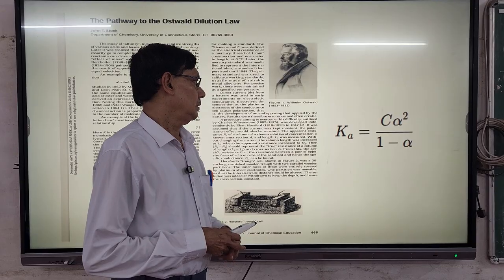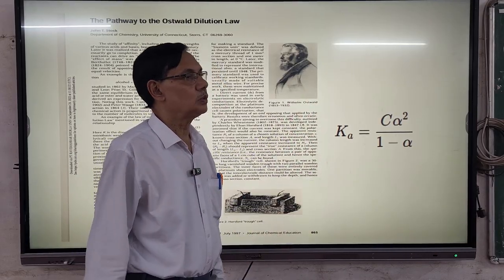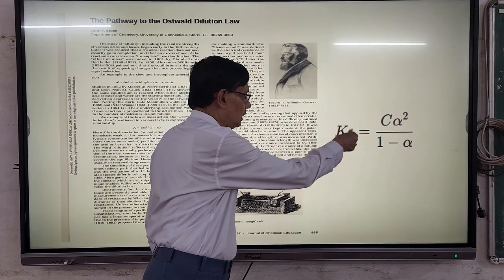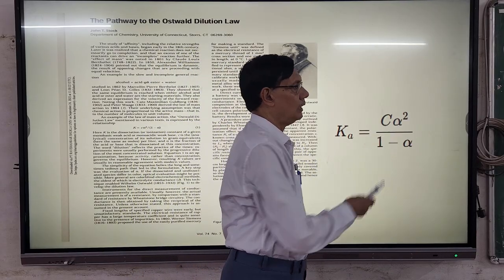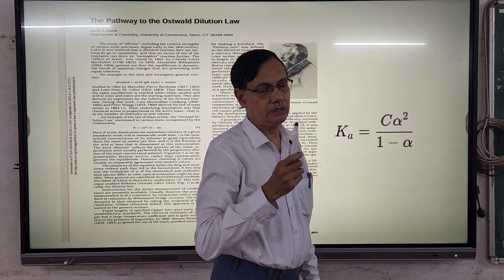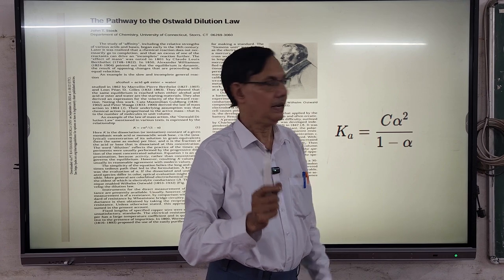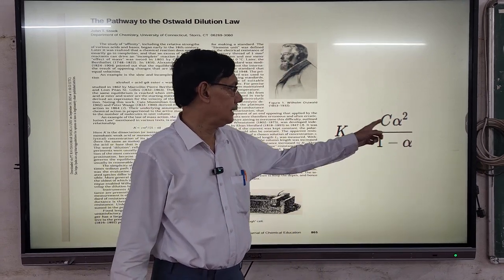The general formula of Ostwald dilution law is, you can see here, a dissociation constant, and this alpha I have already discussed in my second lecture. It is called the degree of dissociation, and C is the concentration. So the formula is like that.